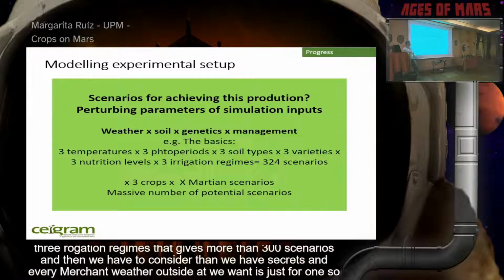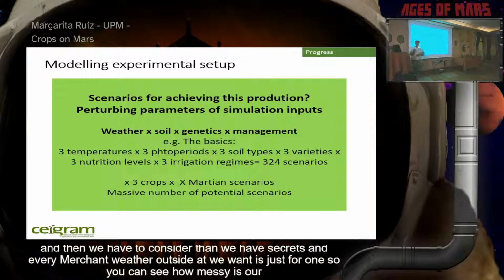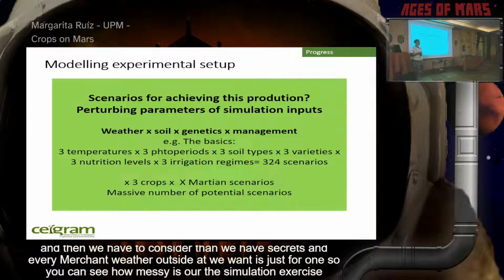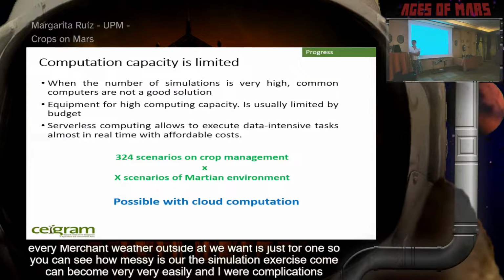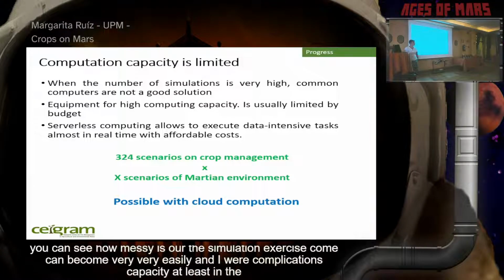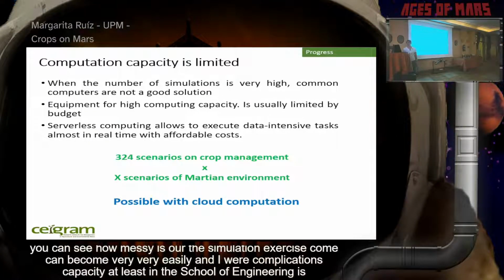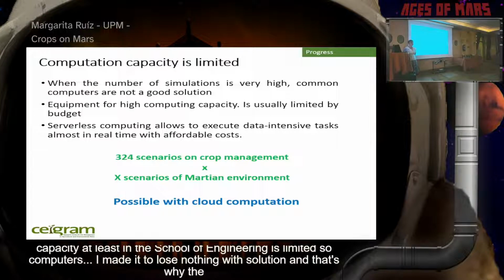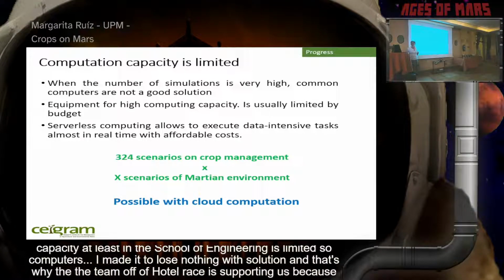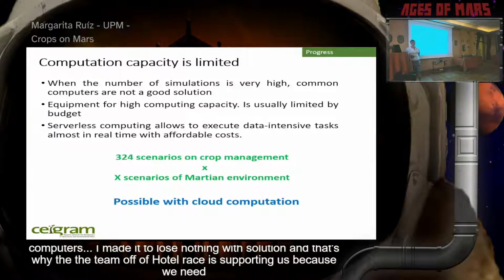So you can see how massive our simulation exercise can become very, very easily. And our computation capacity, at least in the agricultural school of engineering, is limited. So computers, that are our main tool, is not a good solution, and that's why the team of Jose Luis is supporting us, because we need very expensive equipment.